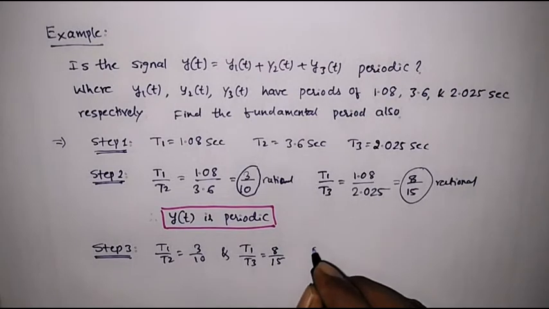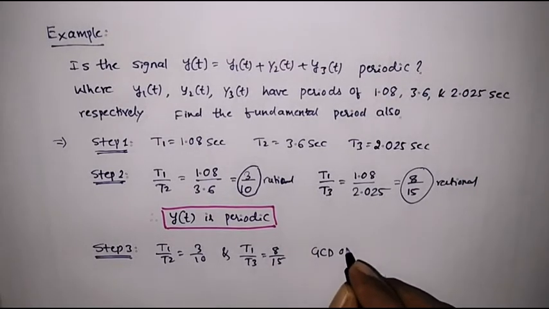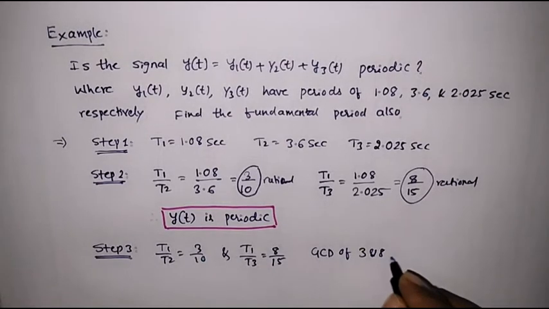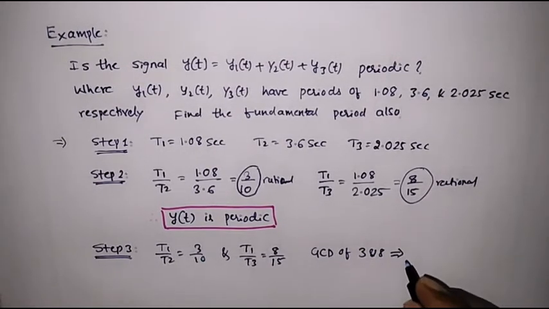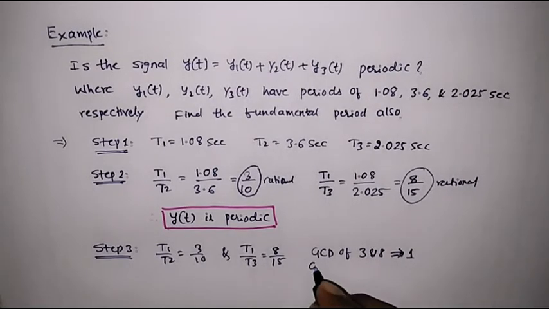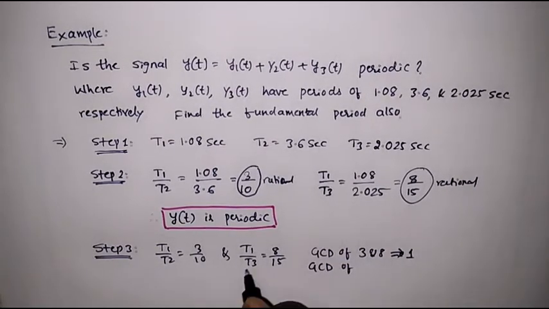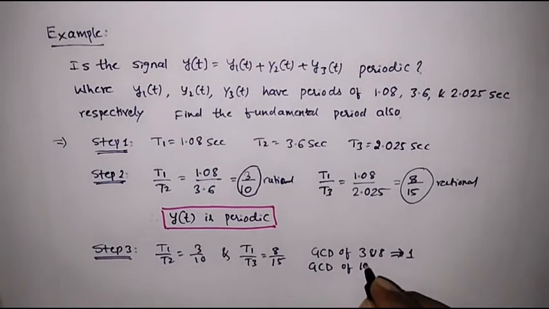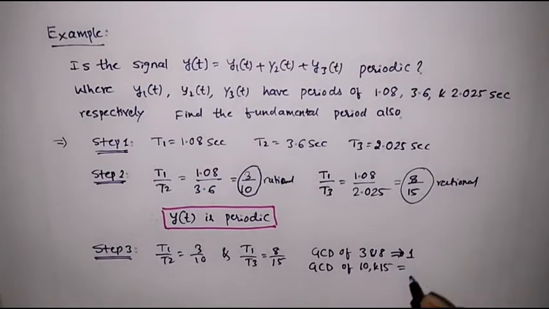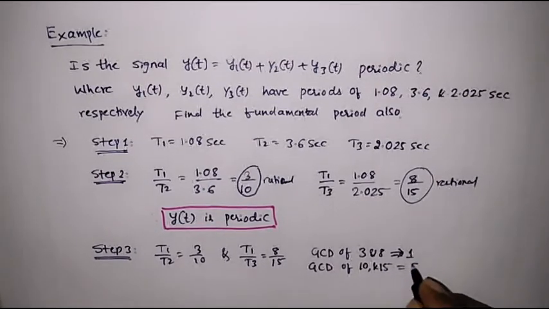Therefore here I can write, GCD of numerators 3 and 8 is equal to 1, whereas GCD of denominators 10 and 15 is equal to 5.